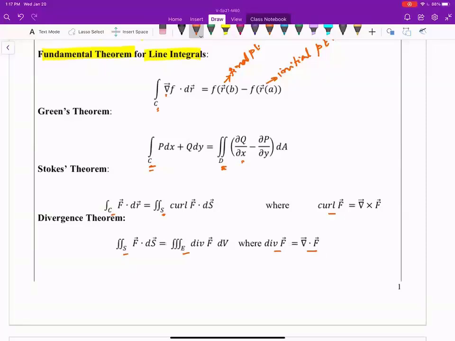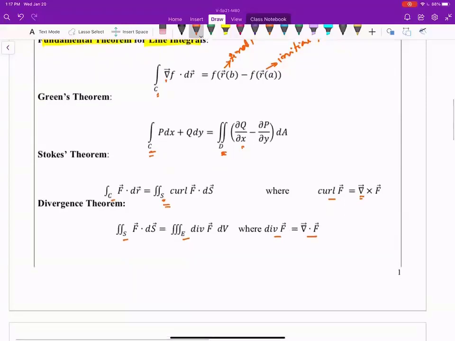Stokes' theorem is a similar idea. On the right hand side, you are integrating a derivative because curl F involves derivatives. They are inverse processes, so they cancel out, and you get the integral over C of F dot dr on the left hand side.